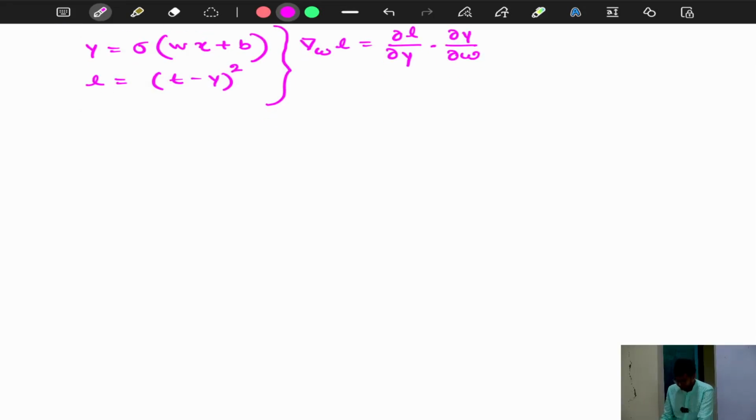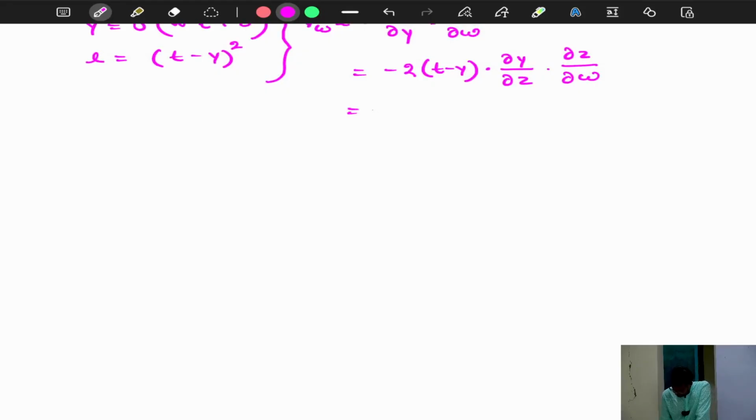And this is equal to, let us go. So, del L by del y is minus 2 t minus y, right? Del y by del w, I can divide it if the inside term is z, so I can write del y by del z by del w. If I consider this as my z, then this is equal to del y by del z by del w.